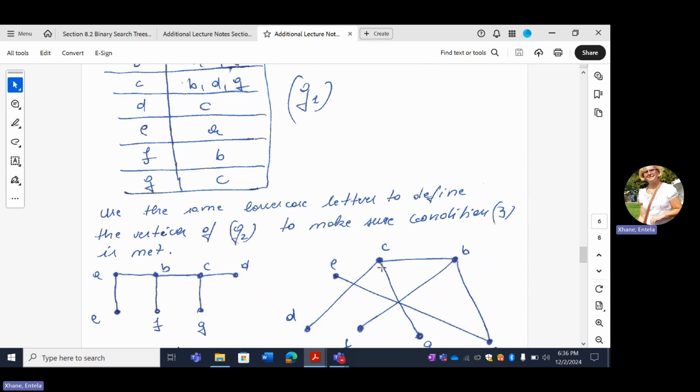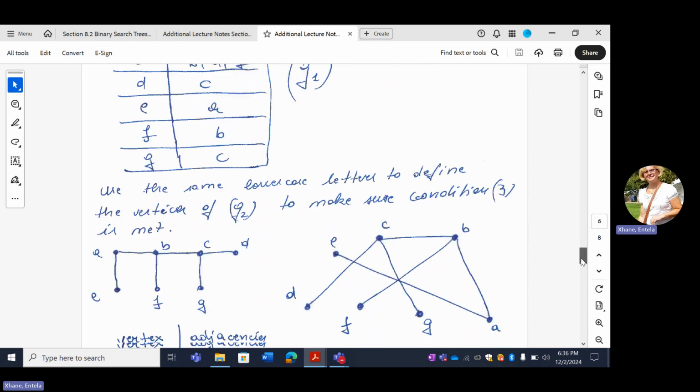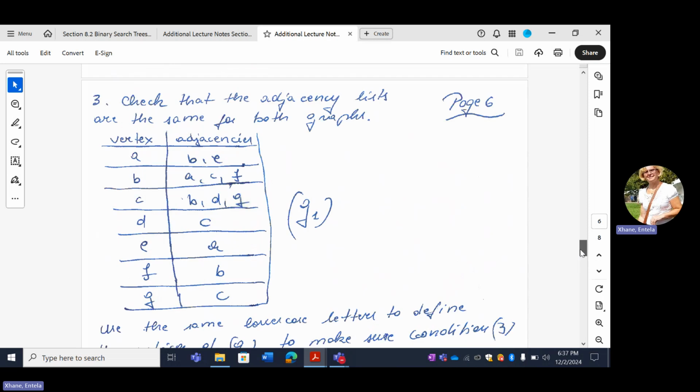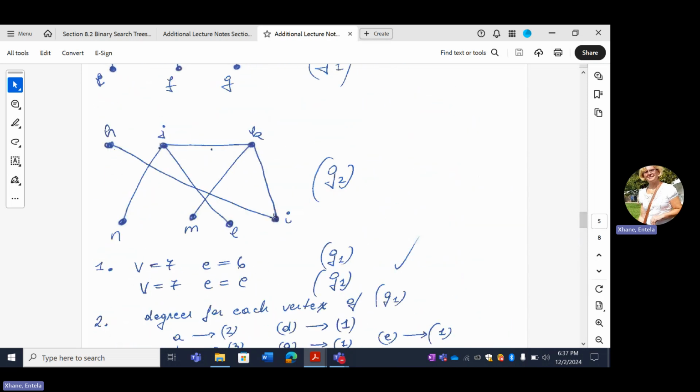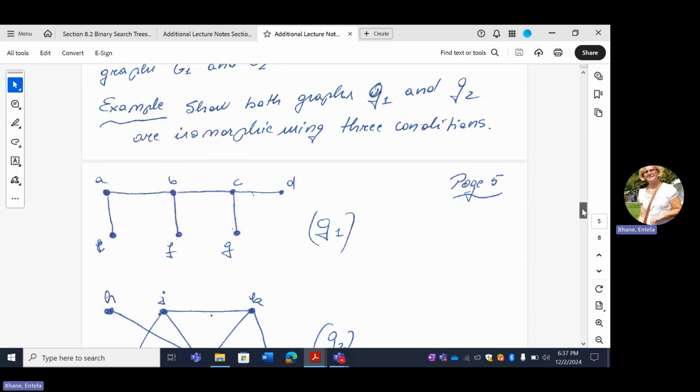Now we're going to try to use the same vertices, so name them A, B, C, D based on their connection. Remember when I showed you in the previous graph, this vertex right there with degree 2, so 2 direct connections, 2 edges connected. This is the same as your A. And then the B and C are the degree 3 with 3 connections.